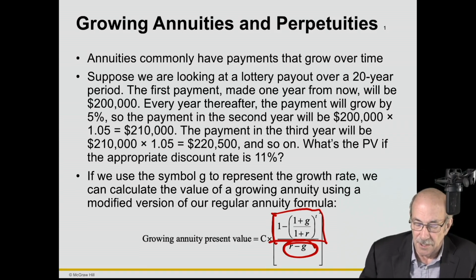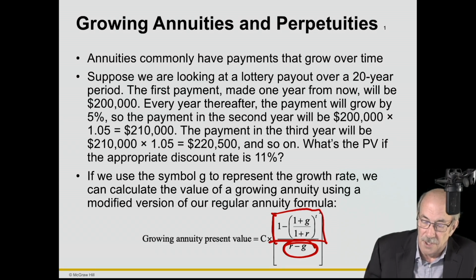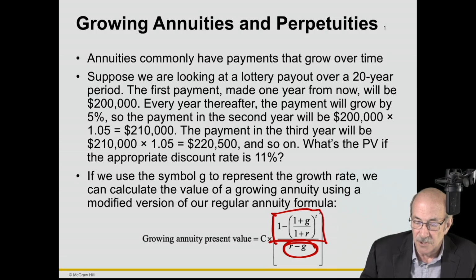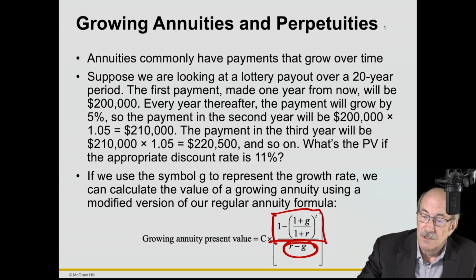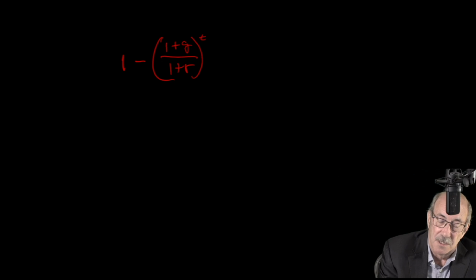Here's the way I like to think about this. So we've got 1 minus the quantity 1 plus g over 1 plus r, raised to the t, and that's divided by r minus g.